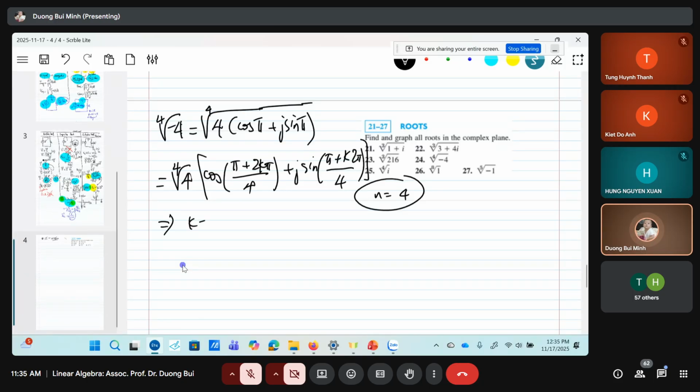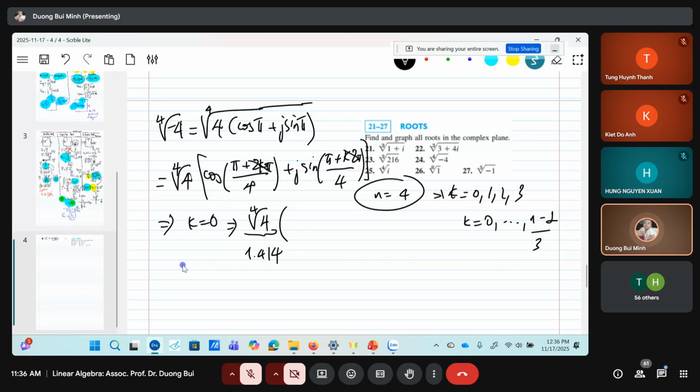Now k is what? K is 0, 1, 2, 3, because k is 0 to n minus 1. So n is 4. If k is 0, you skip this one, so you get the other root of 4 is 1.414, and then cosine of pi over 4.